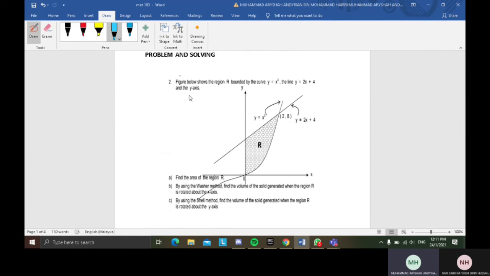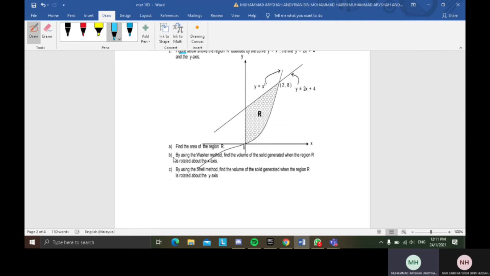So for the problem solving, this is the question. By using the washer method, find the volume of the solid generated by region R. This one rotates about the x-axis. So this R is going to rotate about this axis, the x-axis.